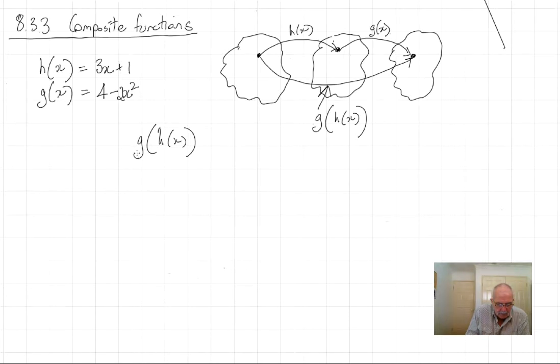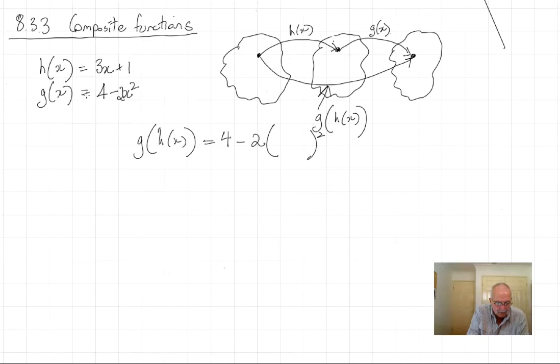We look at the one on the outside and we go and have a look at that function. And the pattern is 4 minus 2 times something squared. So I'll write that, but instead of writing the x, I'll just put some brackets. So 4 minus 2 something squared. Now that has given me the pattern.